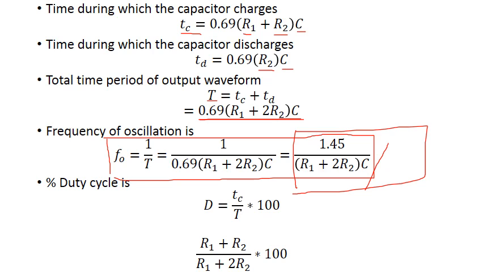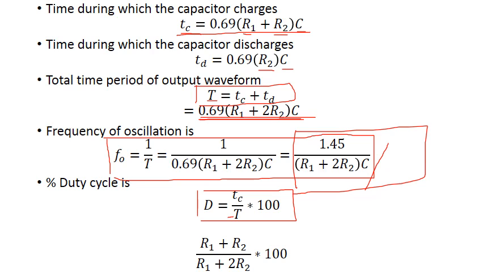Duty cycle is T charging by T into 100. Duty cycle is Tc by T, where T is the total time. So we know Tc plus Td is the total time. Substituting the values over here, Tc is this, divided by T, T is this.